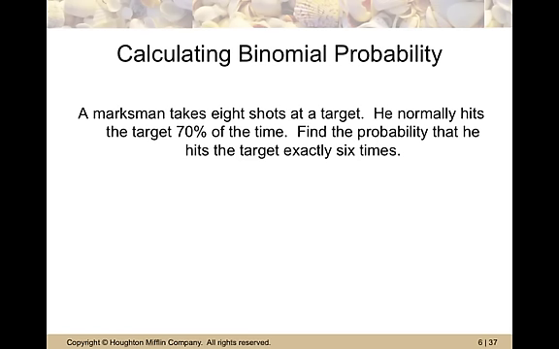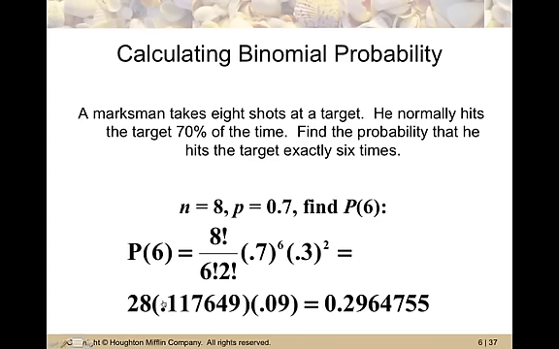So let's go back to our marksman situation and actually find the probability here. So n is 8, p is 0.7, and we're going to find P of 6. We're going to find the probability of getting 6 targets that are shot. Okay, he actually gets the target 6 times out of 8. So the probability of getting 6 is going to be 8 factorial over 6 factorial times 2 factorial. Where did the 2 come from?